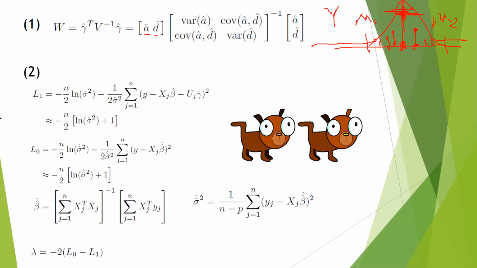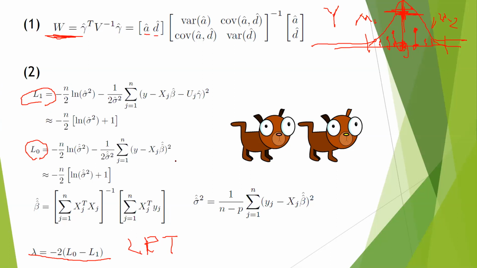We have learned that we can use the Wald test to test whether this locus is associated with the phenotype or not, or we can use the likelihood ratio test. The likelihood ratio test compares two likelihoods. The first, the null likelihood, is based on the null hypothesis, and the alternative likelihood is based on the alternative distribution.